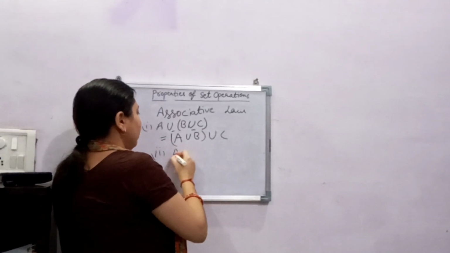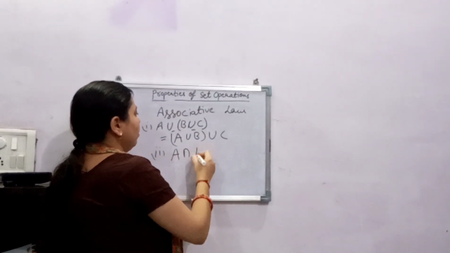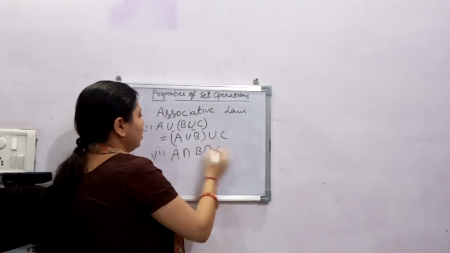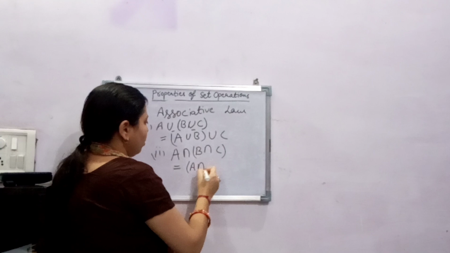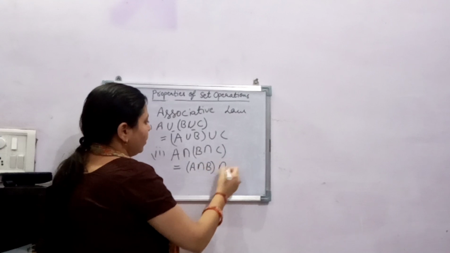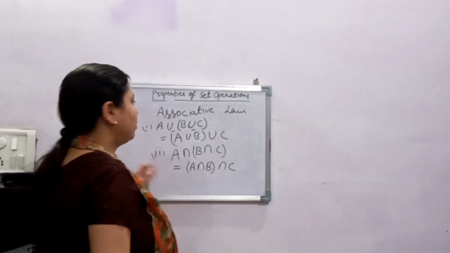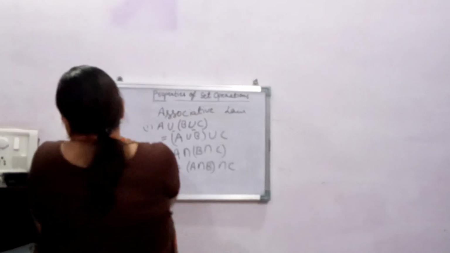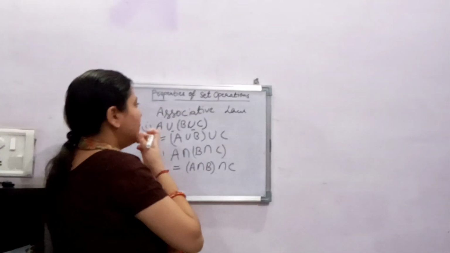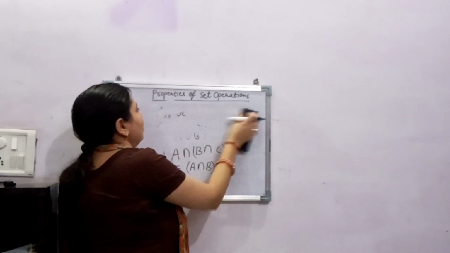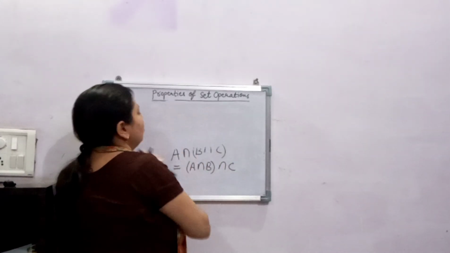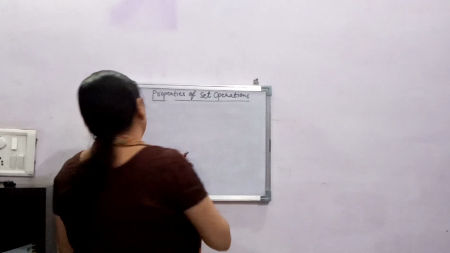So here also, A intersection B intersection C, we can regroup it likewise. These are associative laws. The same result will come up if you take some examples of sets. So these are associative laws.